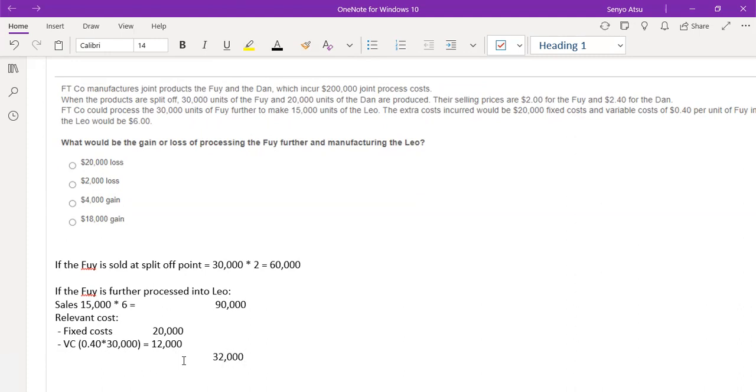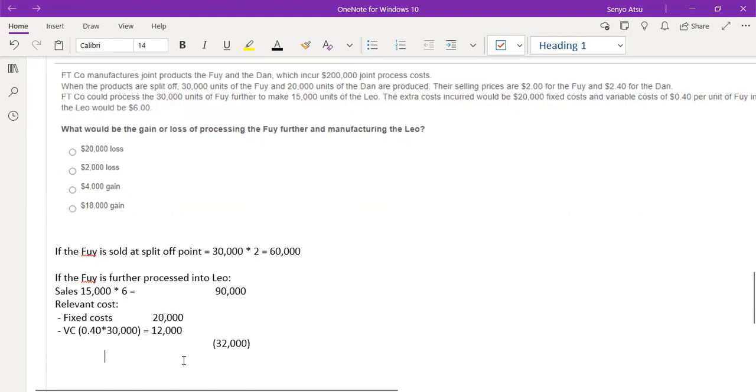When you take the 32,000 from 90,000, what are you left with? 90 minus 32. Is that 68,000? No, it's 58. It should be 58, right? 58, okay. 58,000.